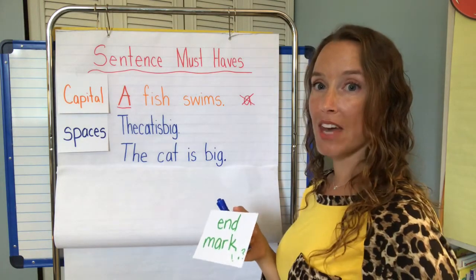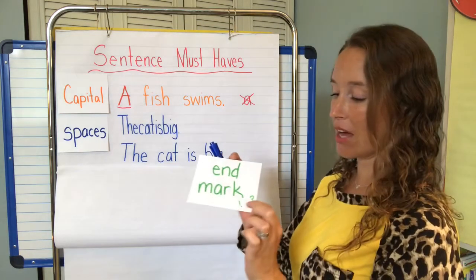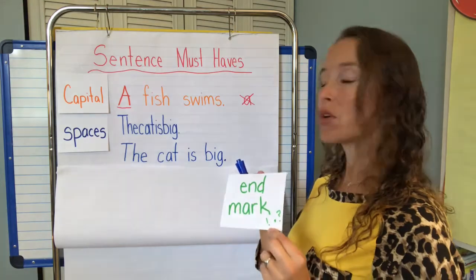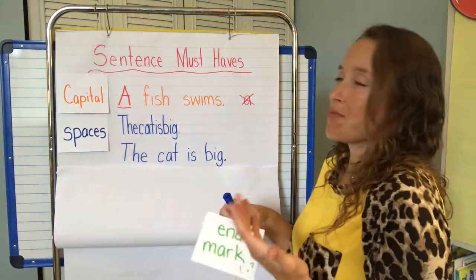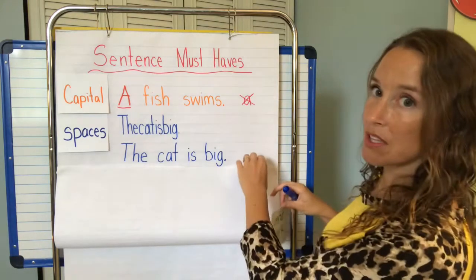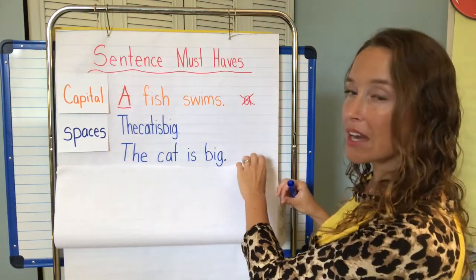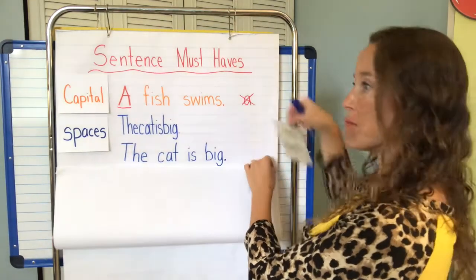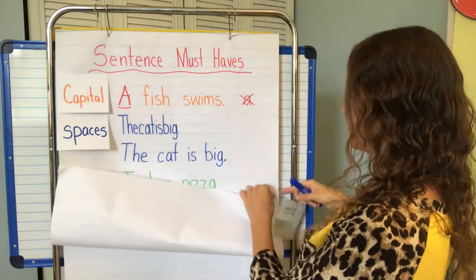We'll learn more about that in the coming weeks. Sometimes you'll have a question mark or an exclamation point, and we'll go over the uses of those. Now, for what we're doing right now, period is what we're using. And I'll be honest with you, in first grade, most of what we write does have a period at the end. Period is the one that is the end mark that is used the most in our writing.